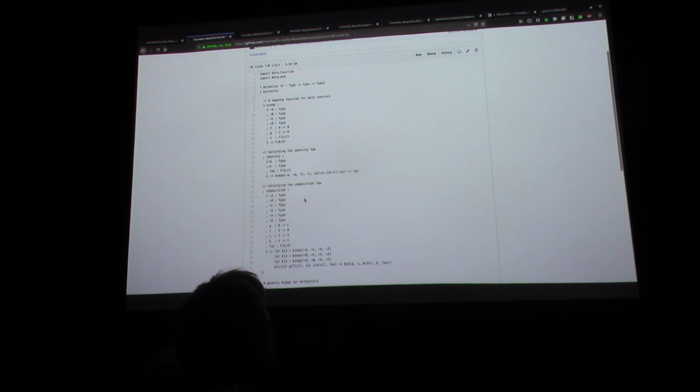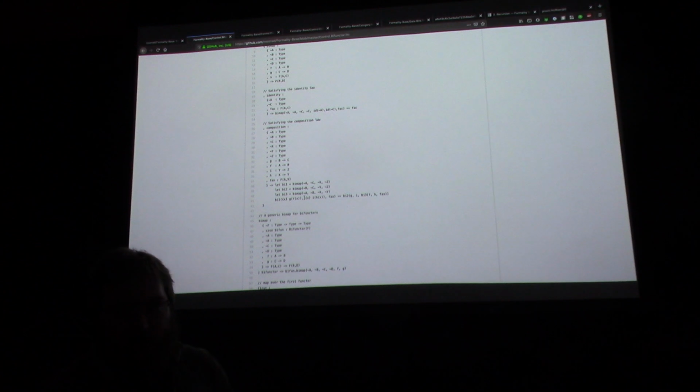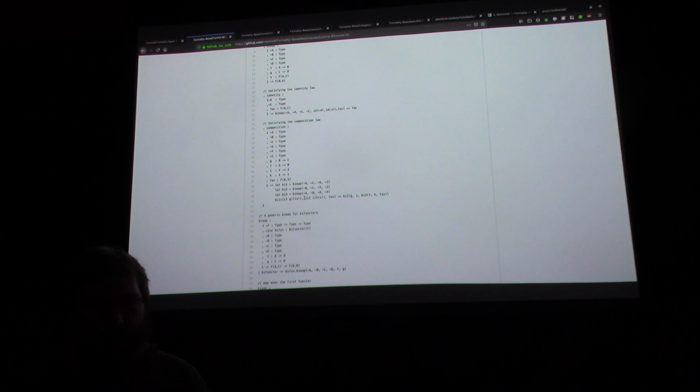But these are all specialized for the category of types and functions in Formality, and what I'd really love to be able to do is define a general notion of a functor over any category, and then specialize it to the Formality category.